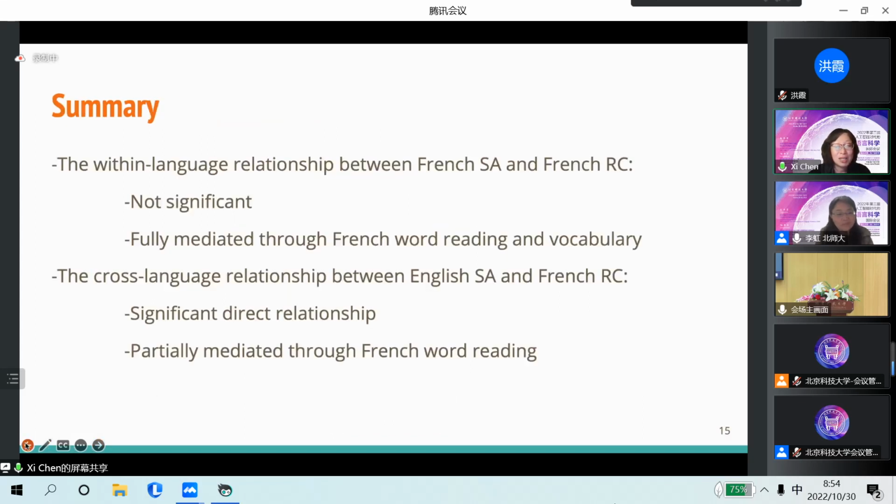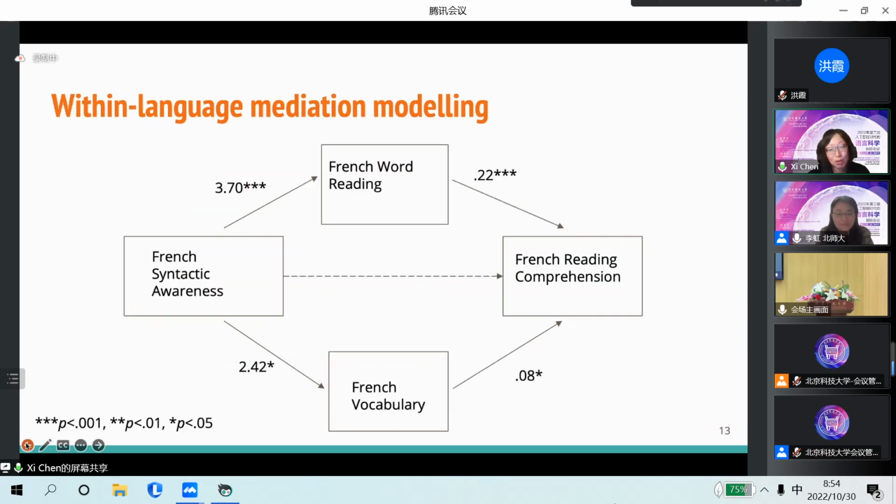And that's because if we go back to the French model, we could see that even though French vocabulary was significantly related to French reading comprehension, the amount of variance it explained was significantly smaller than French word reading. So it was a weak predictor even within French.